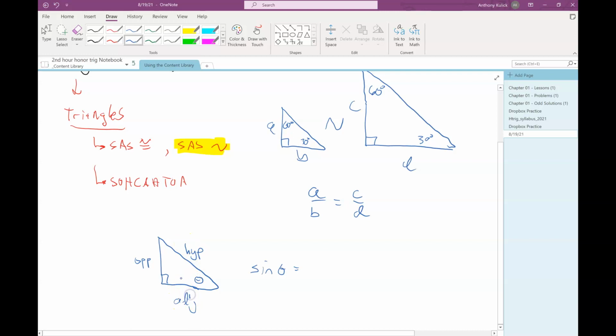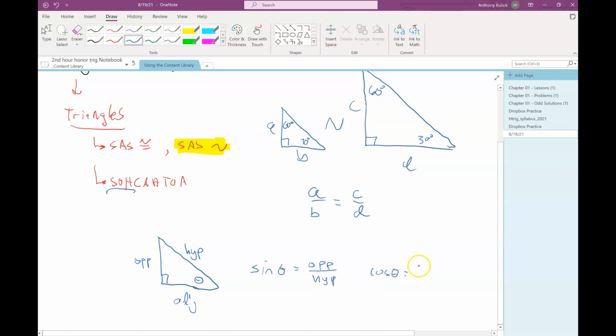And then relative to the angle that it's operating on, we were able to calculate the values of sine, cosine, and tangent using the lengths of the sides that were adjacent to the angle, opposite the angle, or were the hypotenuse of the triangle. So the SOH in SOH-CAH-TOA tells us that sine is opposite over hypotenuse.